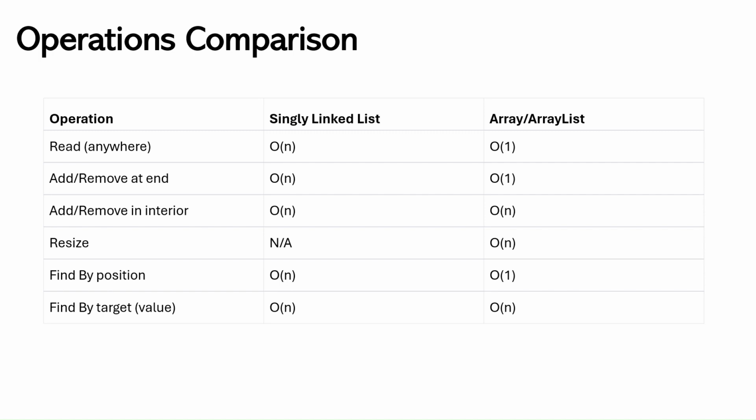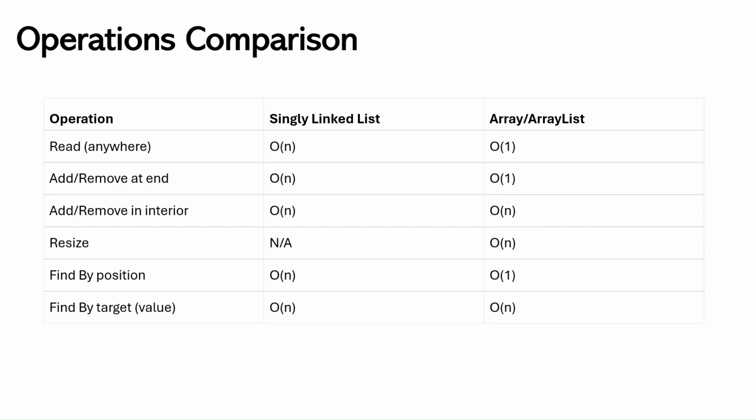Add and remove in interior. So that is removing or adding elements in the middle. Both singly linked list and ArrayList play a fair game, both taking O of n time. It's a tie in this round. Now let us go with the next one, which is resizing.